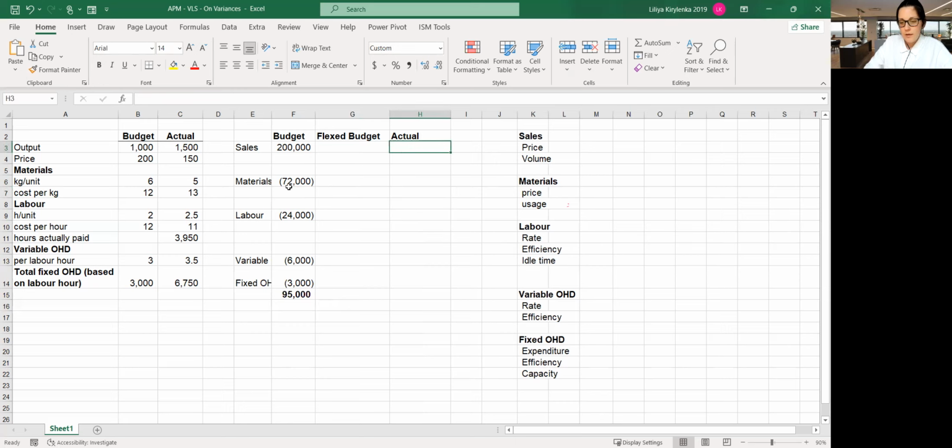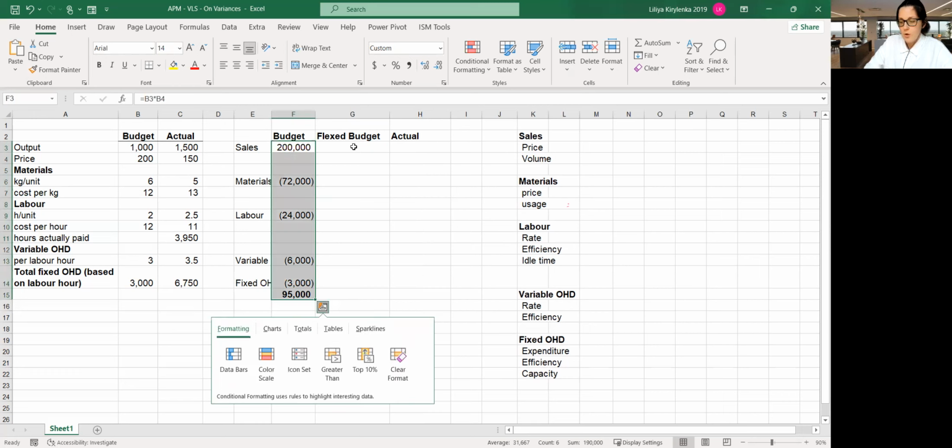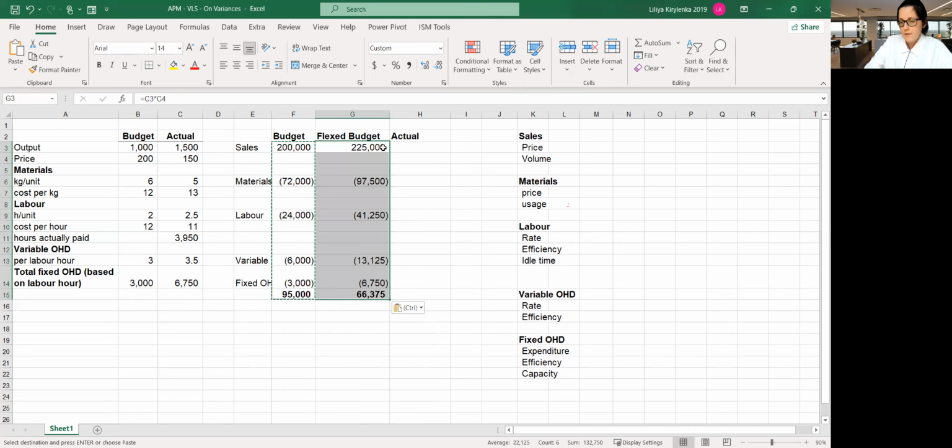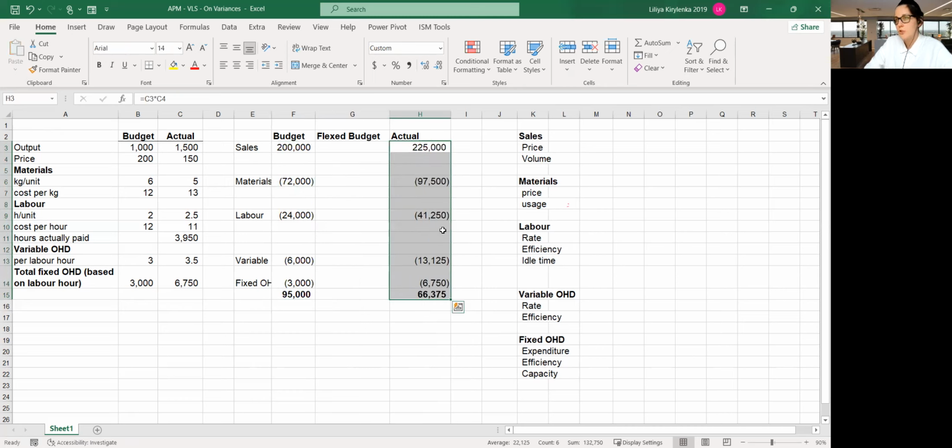And when we calculate actual numbers, let me just do that like that. I will copy that column, paste it here, move it, and the only thing that I will need to correct is labor spent.